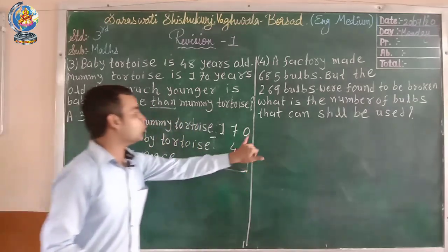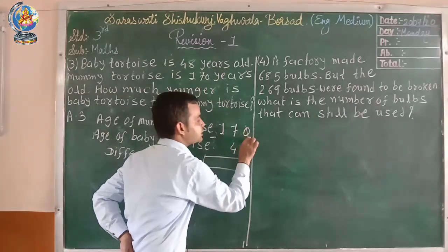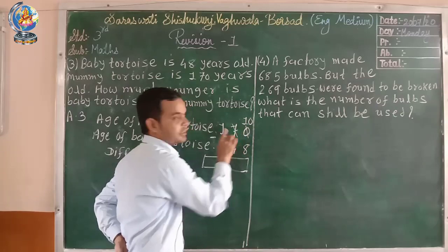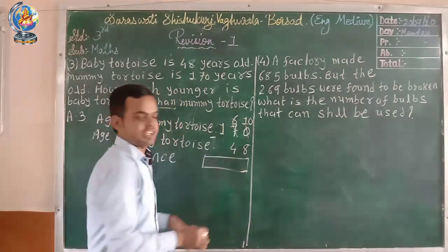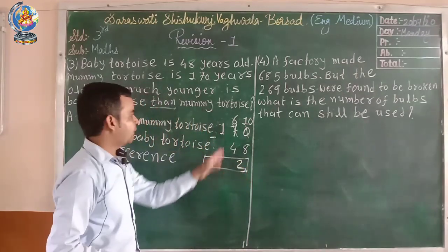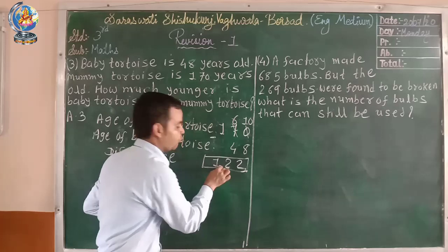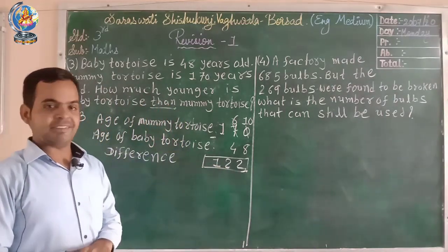Now if you observe, 0 is smaller than 8, so we have to cut 0 and write 10, and you have to cut 7 and write 6. So 10 minus 8, 2. 6 minus 4, 2. And here you can write 1 as it is. So how can you write the answer?